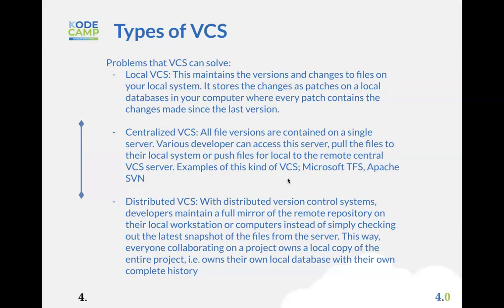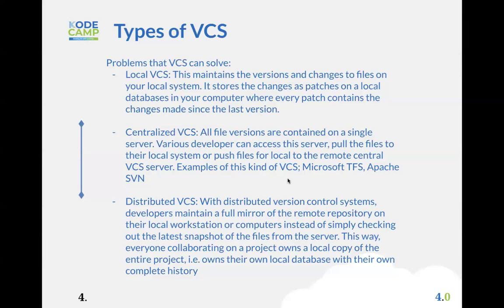There's no remote version for those resources, right? If you're working with a centralized system, you get changes and upload changes to the server, and they don't maintain a local version of that repository, right?